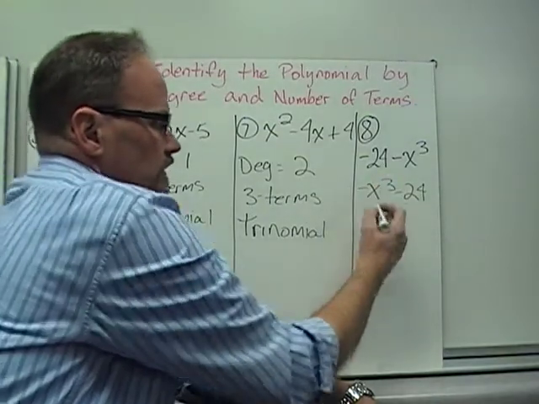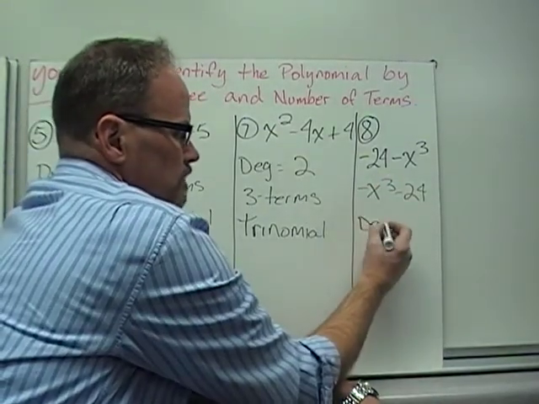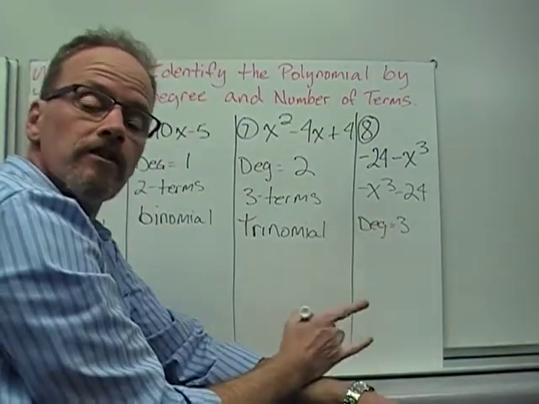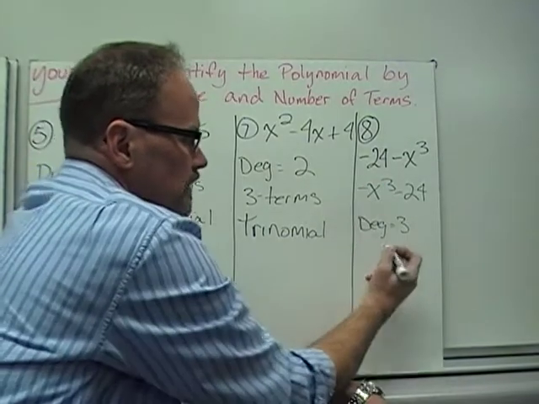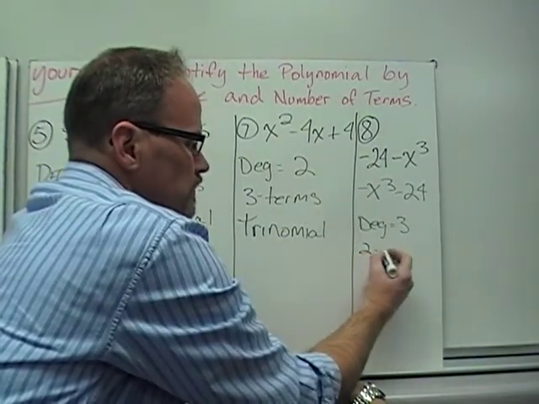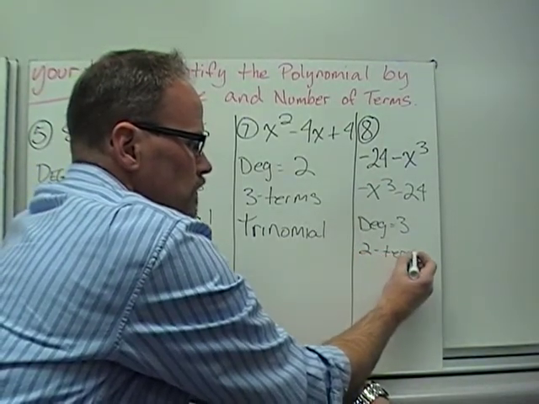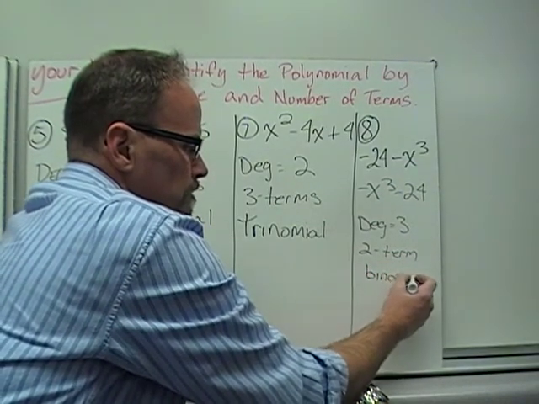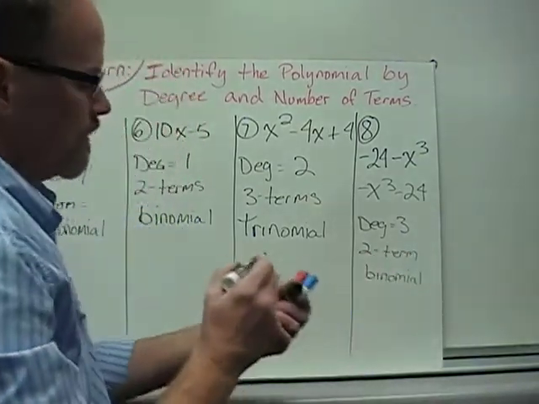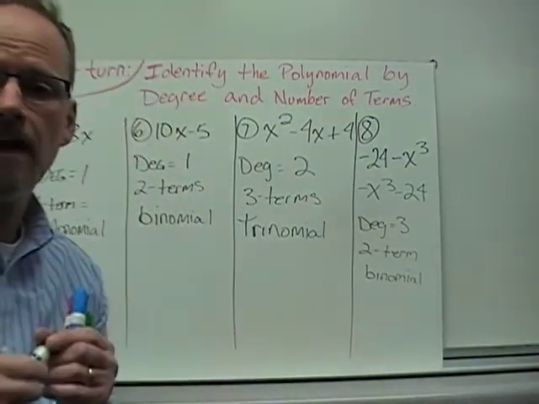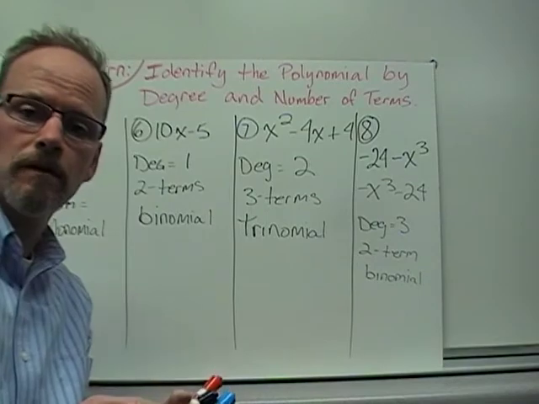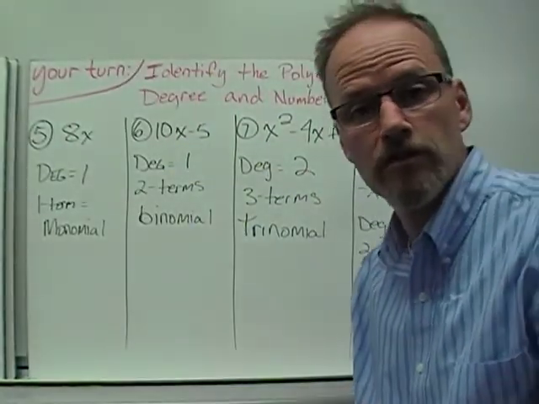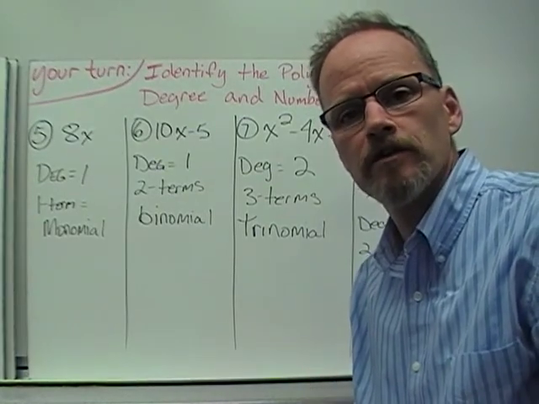So therefore, this is to the 3rd power. Degree equals 3. That's the only variable that I see, so that's it. And this has 2 terms. And 2 is called a binomial. And that is identifying polynomials by their degree and by the number of terms that they have.